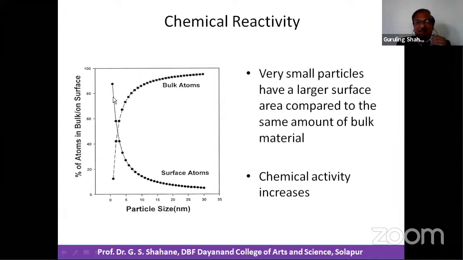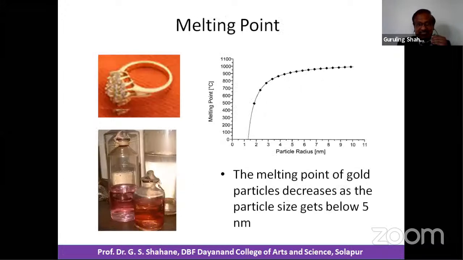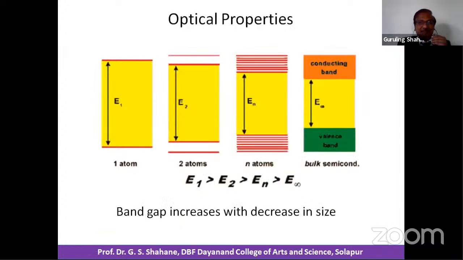So as the percentage of surface atoms increases, its chemical activity also increases. Melting point. As we reduce the size of nanoparticles, you will see that the melting point also decreases. Normal gold is in the solid form, but this is a gold colloid solution made up of gold nanoparticles of dimension less than 5 nanometers. So here we see that the melting point of the material also changes with the size.